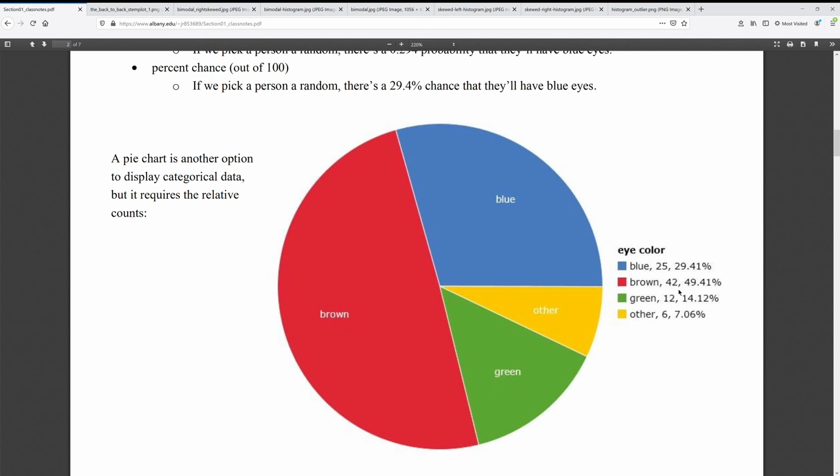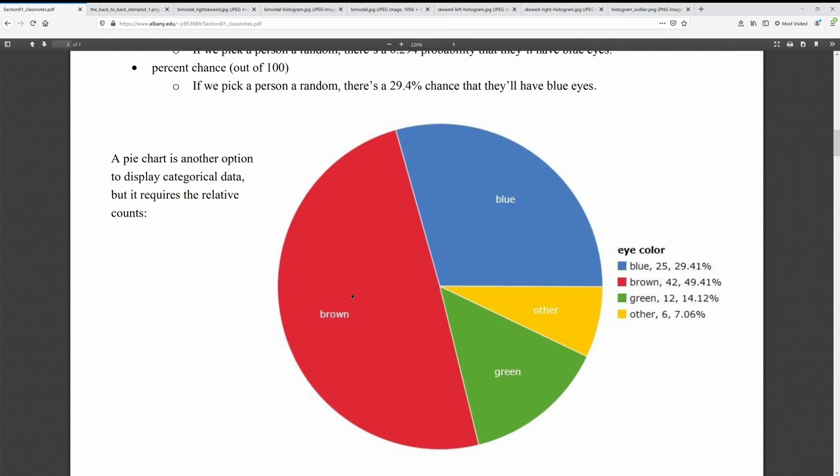The brown, 49.4%, so the brown is almost half of the total distance as we circle around this thing, right? And the other is 7%, so, well, put it this way, it's the smallest of the wedges, whereas the brown is the biggest of the wedges, right?